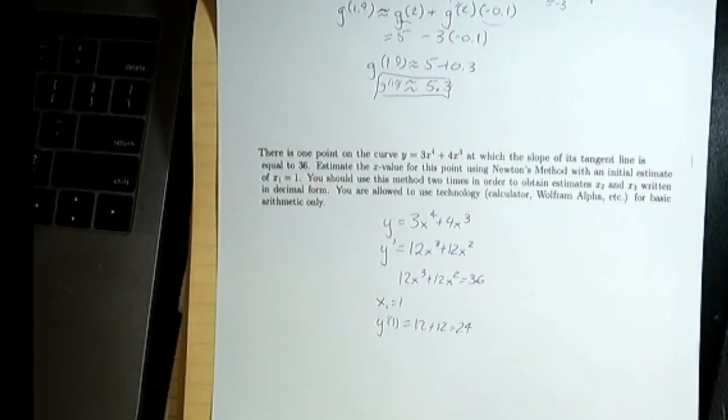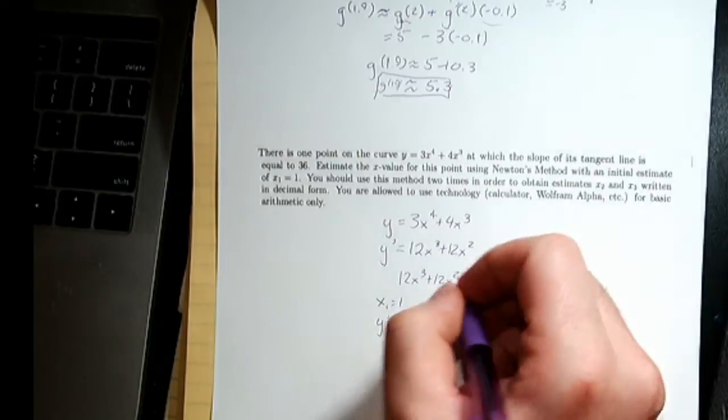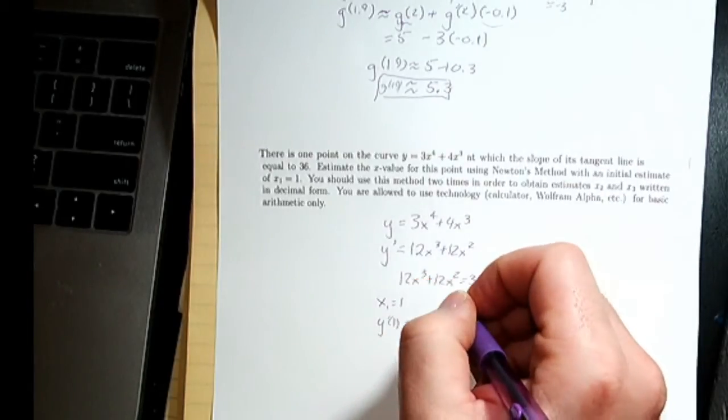So the idea of Newton's method is you keep using linear approximations and solving the equation you're trying to solve, not for the actual function, but for the linear approximation at that point. What's the linear approximation of 12x cubed plus 12x squared?